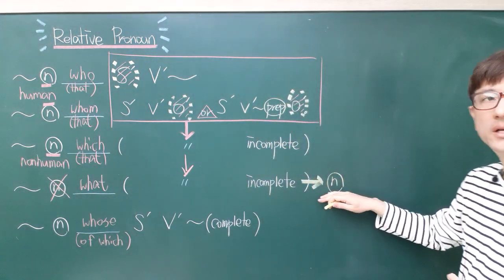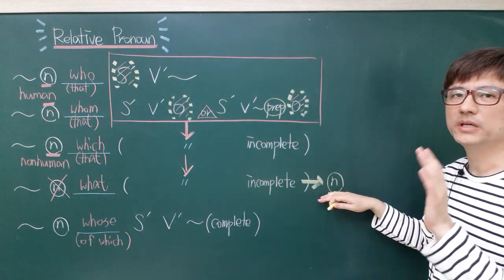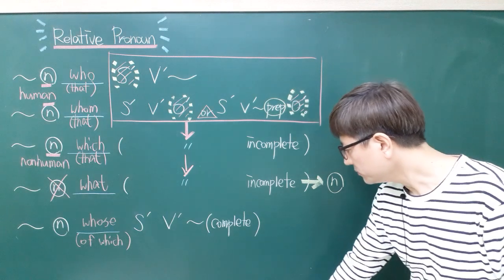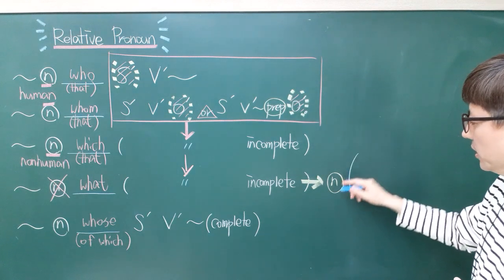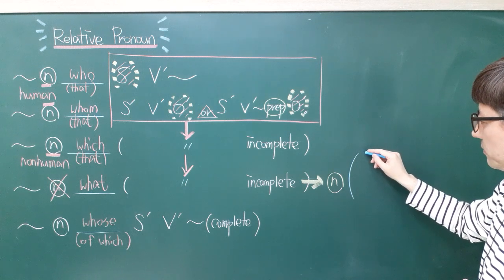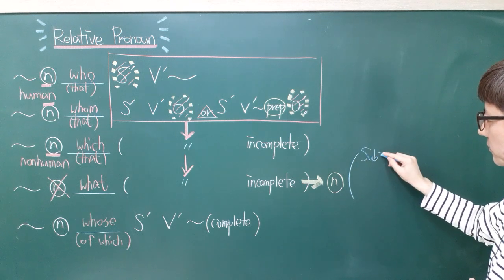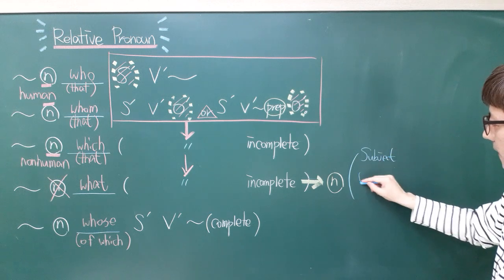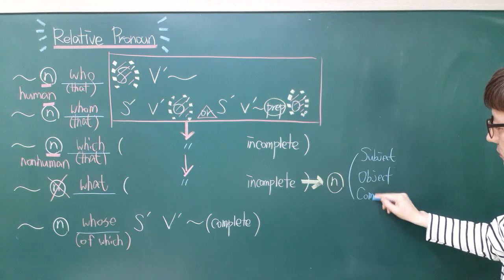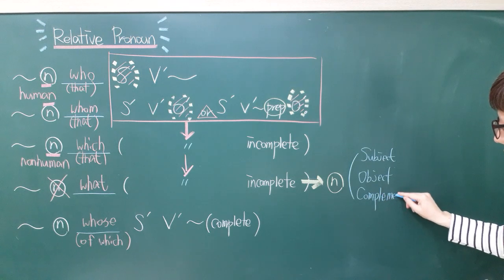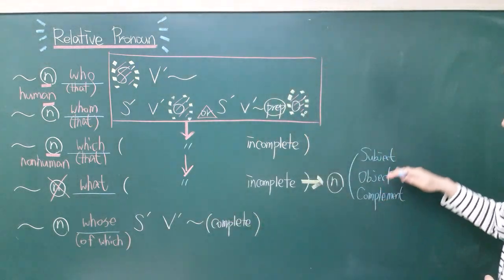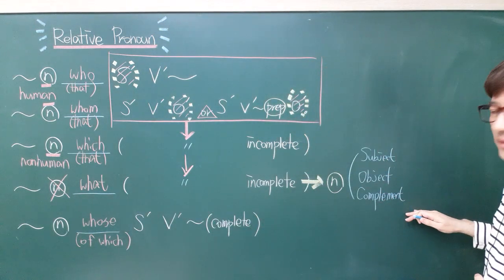So as you can see, a noun can be used in the place of subject, object, complement. So you can put what plus incomplete sentence in the place of subject, object, complement.